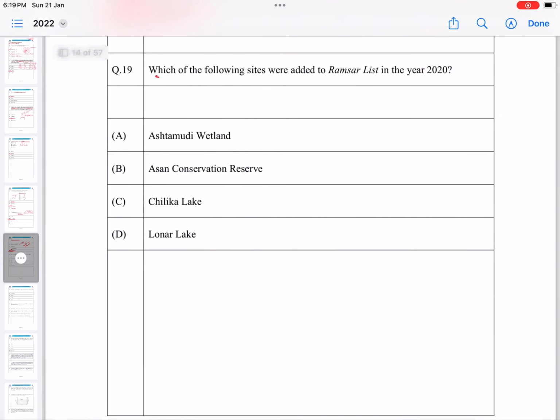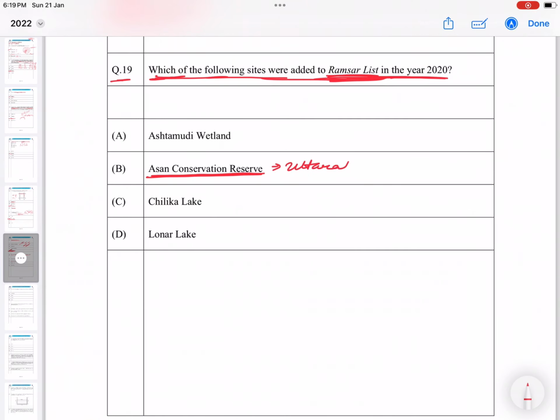Now moving on to question number 19. Which of the following sites were added to the Ramsar list in the year 2020? The sites which have been added to the Ramsar list are, first, the Asan Conservation Reserve, which is in Uttarakhand, and then we have Lonar Lake, which is in Maharashtra.